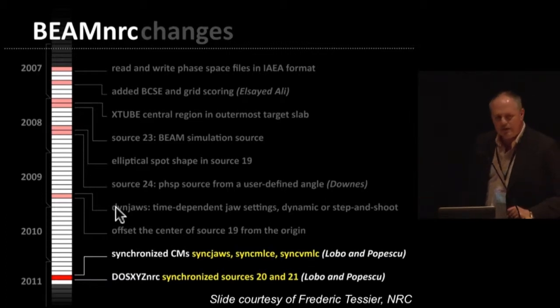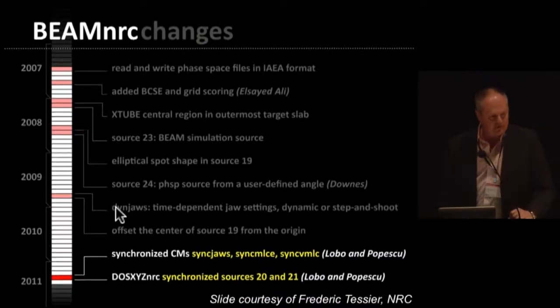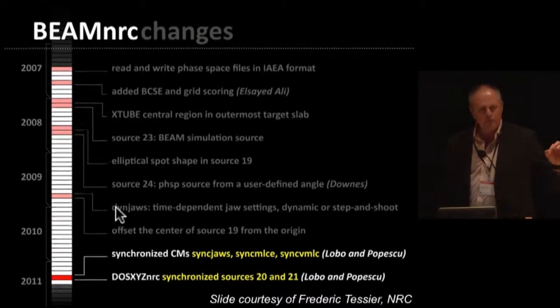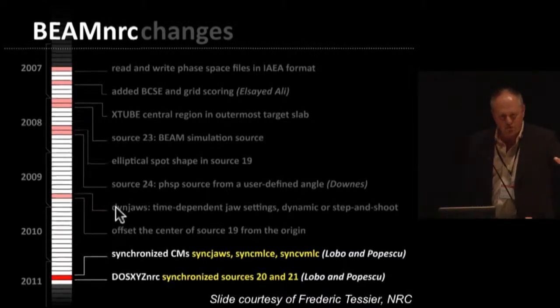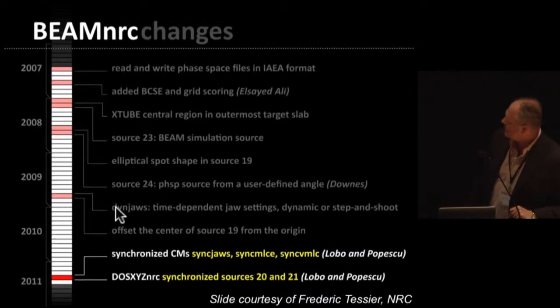In DOSXYZ, we introduced sources 20 and 21. Source 20 starts from a phase space, and source 21 doesn't use any phase space at all. Both of them can use shared libraries, but the shared library used by source 21 is like source 9, a full linac simulation, delivering particles for the DOSXYZ simulation.